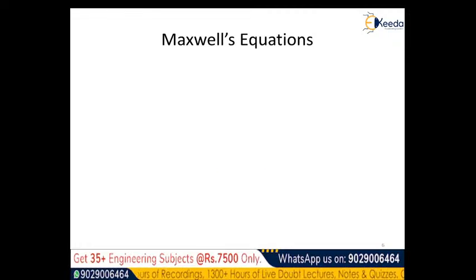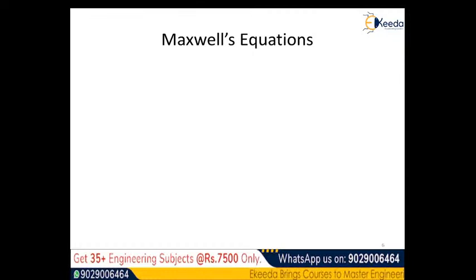So this way problem number 1 is completed here. After problem number 1, let us have the practice of problem 2. In problem number 1, out of the 4 Maxwell's equations, we made use of 2 here. Now let us again make use of Maxwell's equations to solve these particular problems here.